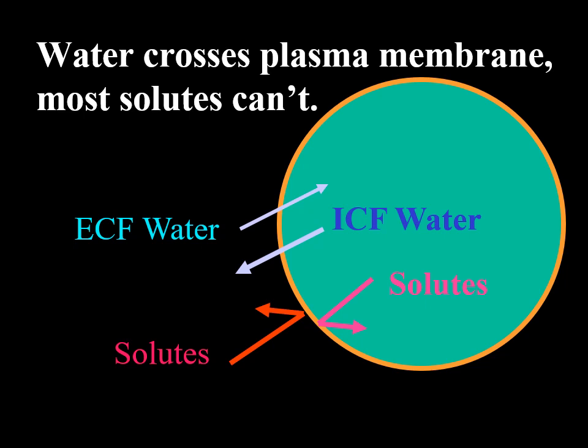Most solutes cannot cross the plasma membrane without the assistance of proteins. Water molecules can cross by squeezing between the phospholipid molecules of the membrane, or with the help of proteins that form aquapores, or water channels.